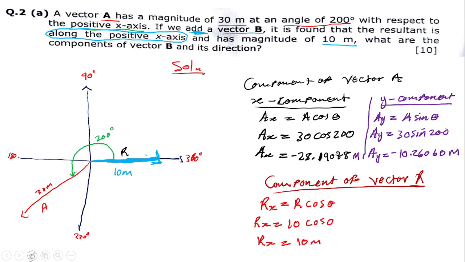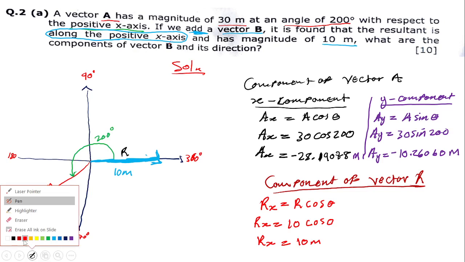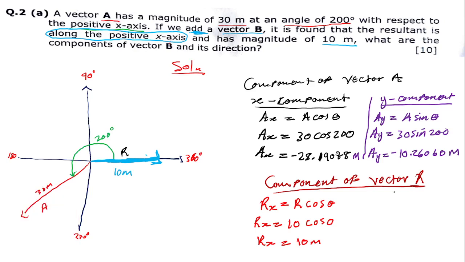With the finding of Rx, I can quickly find Ry, which is simply equal to R sine theta. Then Ry will simply be equal to 10 sine 0, oh sorry, not 200 but 0.